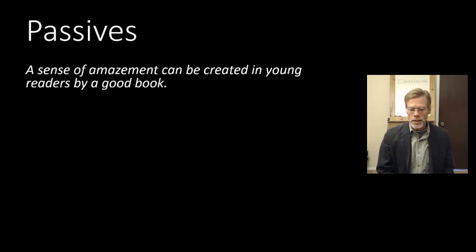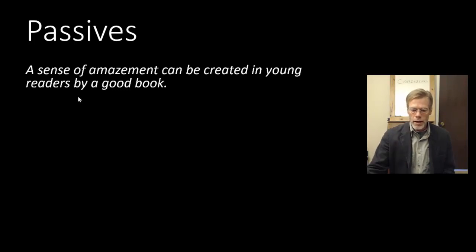"A sense of amazement can be created in young readers by a good book." So we've got that passive construction, "be created." So we've got the "be" followed by the past participle of "create." And in this case, we also have this word "by," which is again added because of the passive.